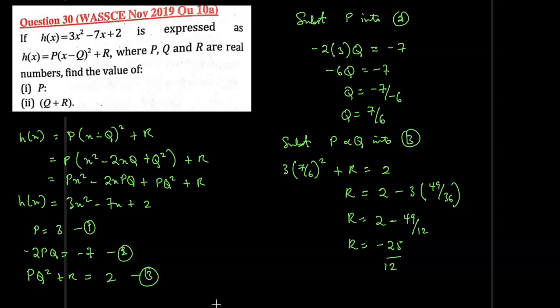Please remember that when you are asked to write the expression in the vertex form, please be mindful of how you go about it. If you know the formula, you can go straight ahead and use the formula and substitute to get your answers. If not, please use any of these two methods, and I believe you get it right.